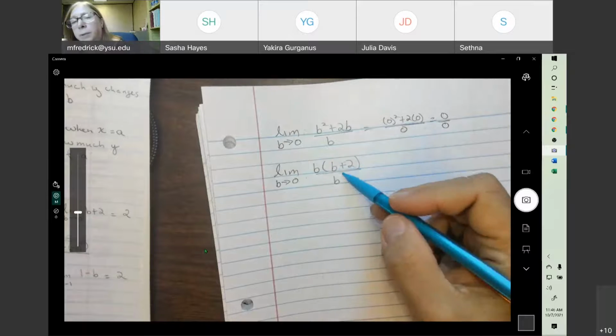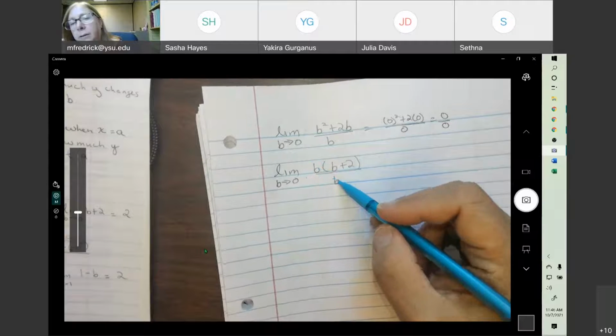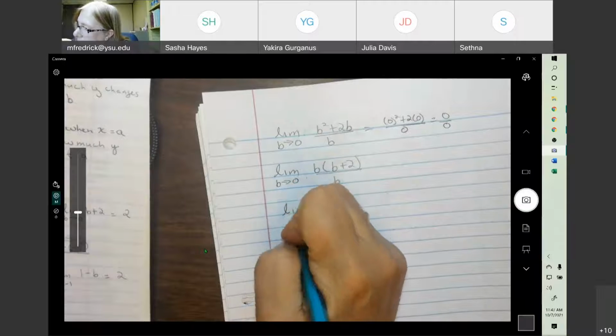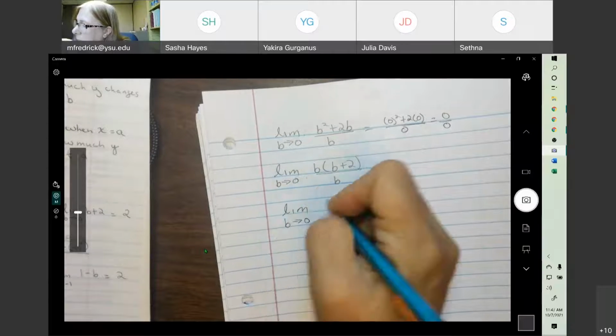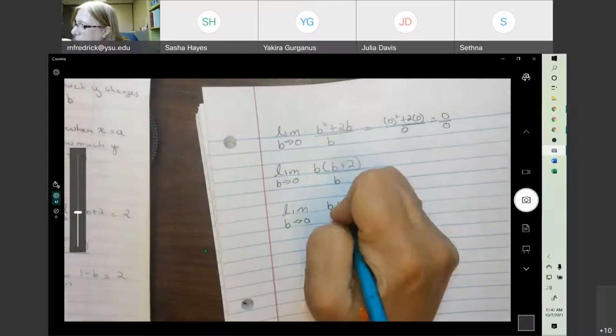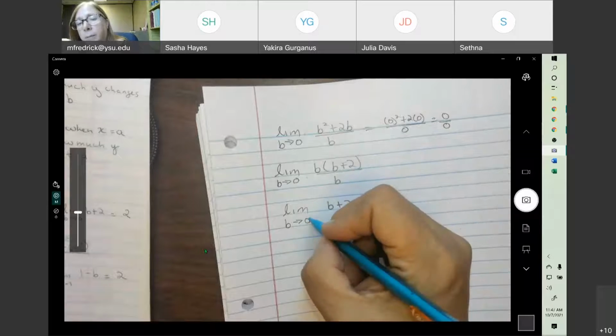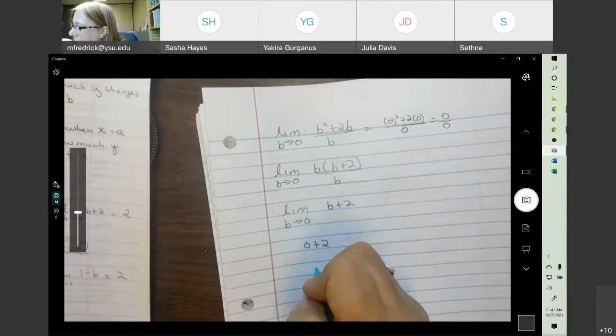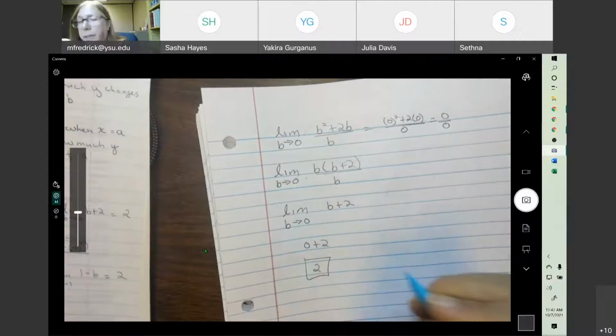Now, since this is multiplied, I can cancel these, and I just have b plus 2. And then we plug it in, and we get 2.